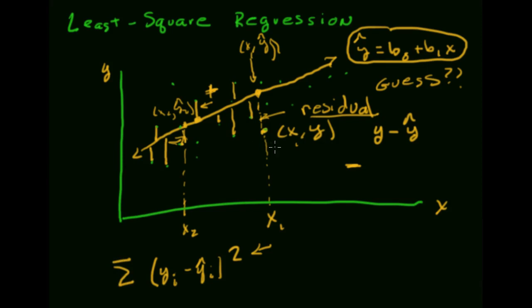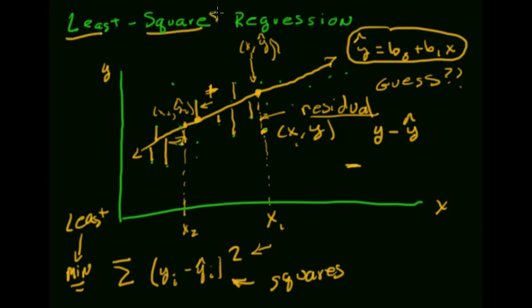So I want to find the line that minimizes those residual values. Another way of saying this is I want to find the line that finds the least of the sum of the squares of the residual values. So this is what we call the least squares regression line. This is where this weird term comes from.